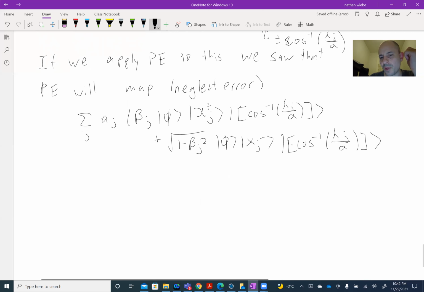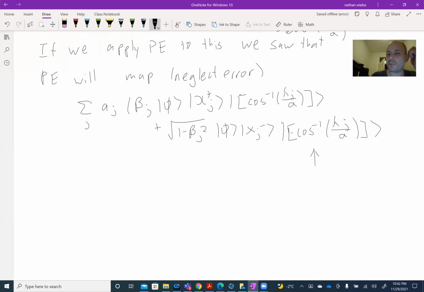So if we end up measuring, then we'll project ourselves down into one of these particular values.